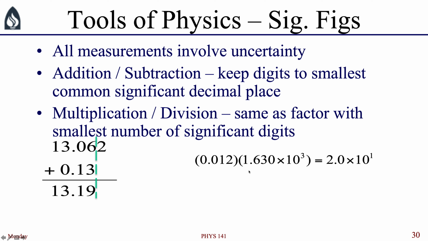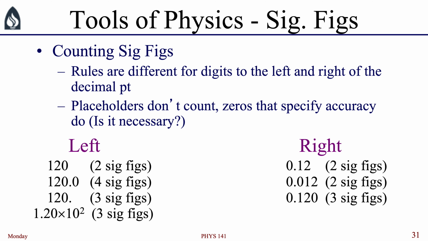Now, you may not have guessed that the 0.012 had only 2 significant digits, and the 1.630 had 4. It seems like we're treating the zeros differently in both cases. And it is true that when we are trying to figure out how many significant figures are in a number, zeros can be a little tricky. So the rules, it turns out, are different for zeros that are to the left and right of the decimal point.